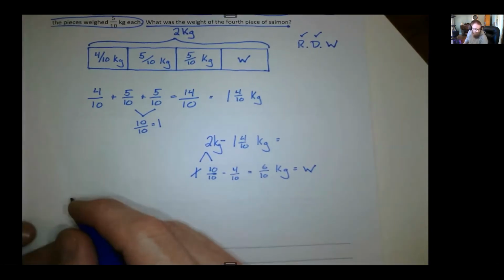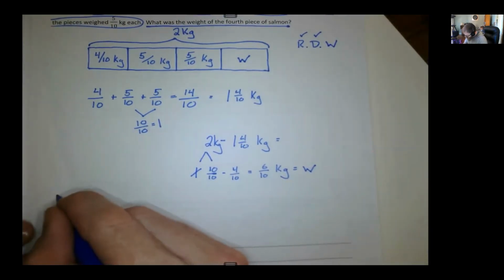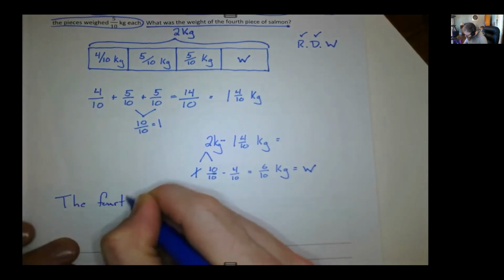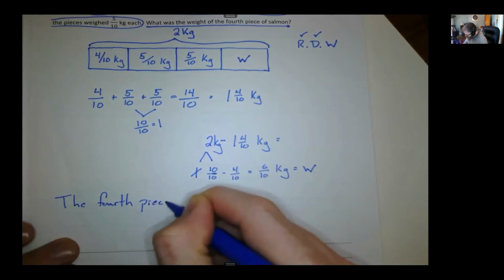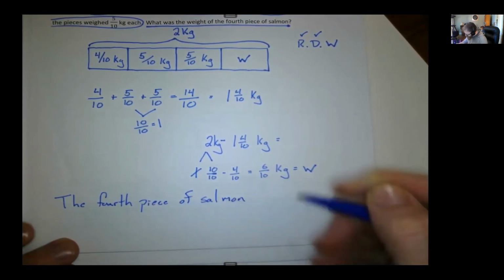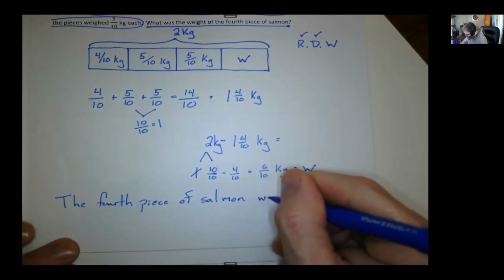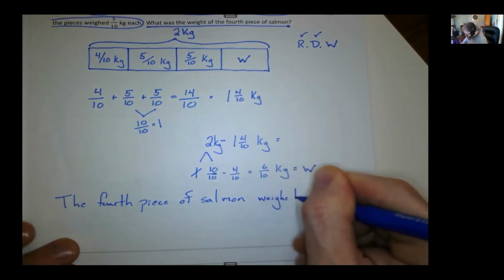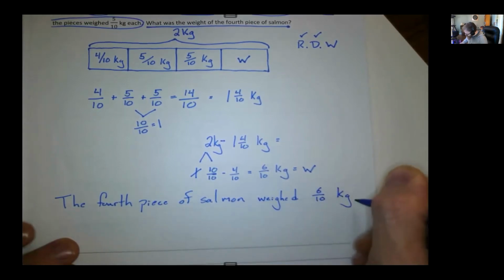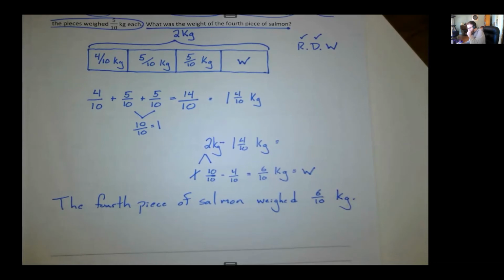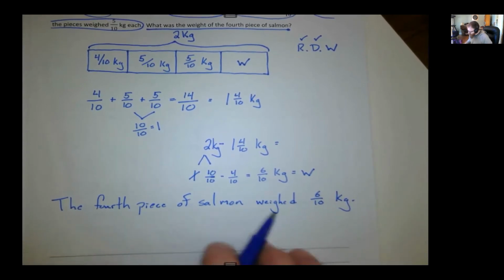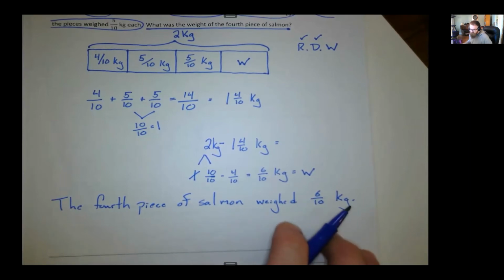So in a complete sentence at the bottom, we can write the 4th piece of salmon weighed 6/10 of a kilogram. The 4th piece of salmon weighed 6/10 of a kilogram.